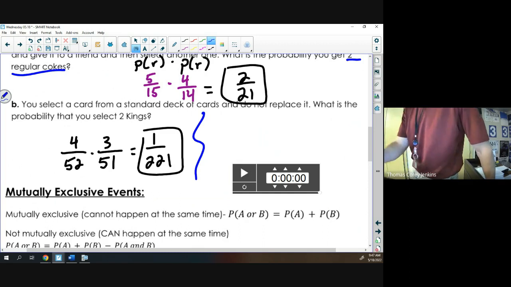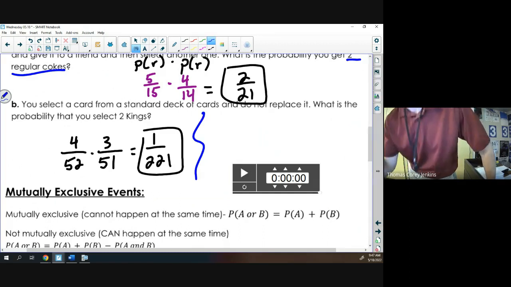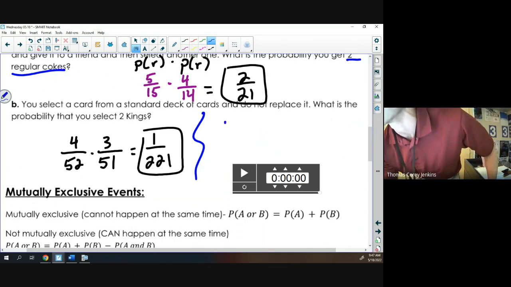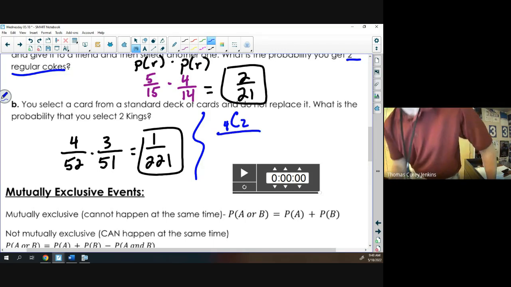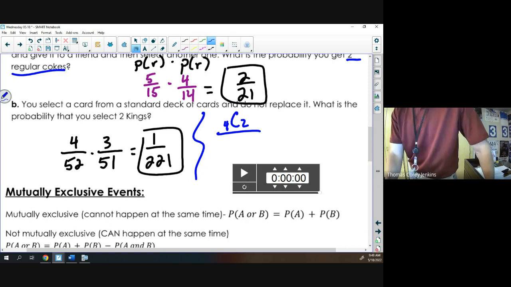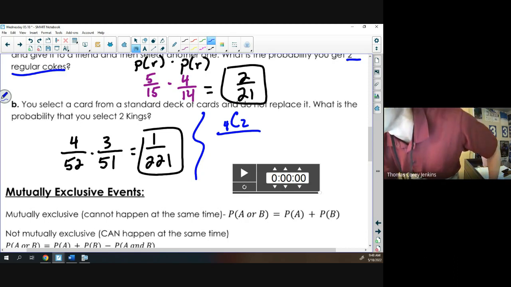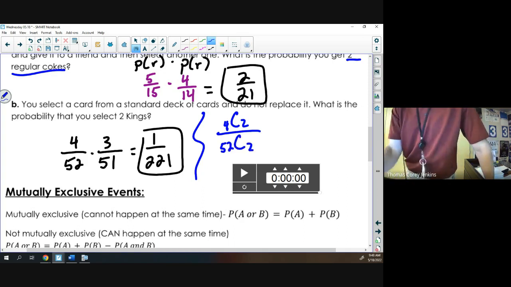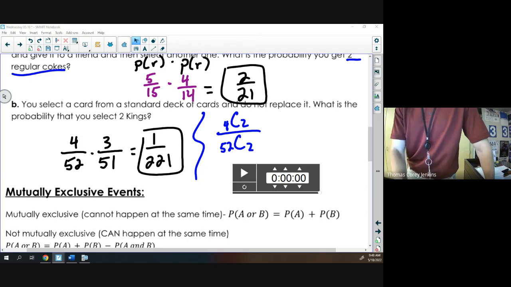So at the end of our notes, we would say there's 4 kings to choose from, and we want to know how many ways could we choose 2, and then our denominator would be 52 originally, choose 2. So we'll see if this gives us the exact same number.